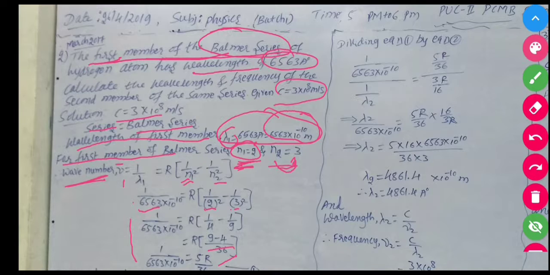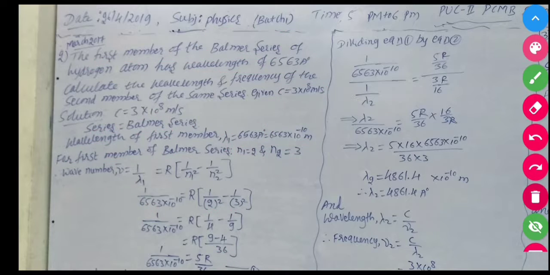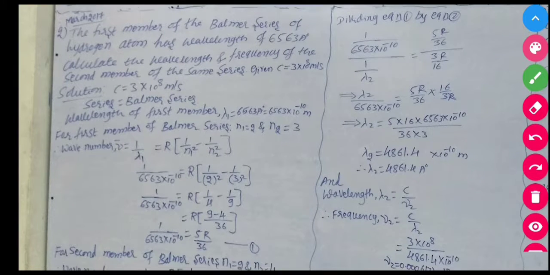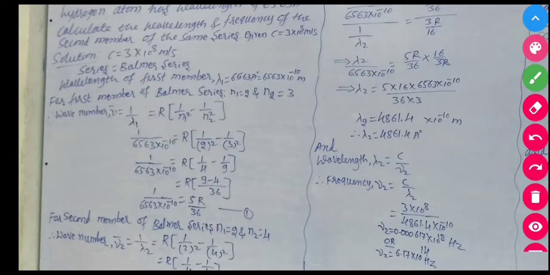Simplifying, that is 1 by 4 minus 1 by 9, since 2 square is 4 and 3 square is 9. Taking the LCM, which is 36, that is 9 minus 4, so you get 5R by 36 on this side, and 1 by 6563 into 10 raised to minus 10 as it is.